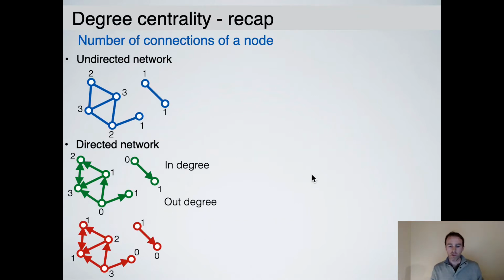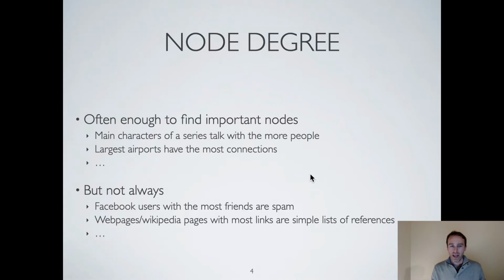So the first type of centrality that we already introduced is very simply the degree of nodes. Okay, so you remember that degree is simply the number of connections. It can be decomposed in directed networks into in-degree and out-degree. And this notion of degree as a centrality is already enough in many cases to find important nodes.